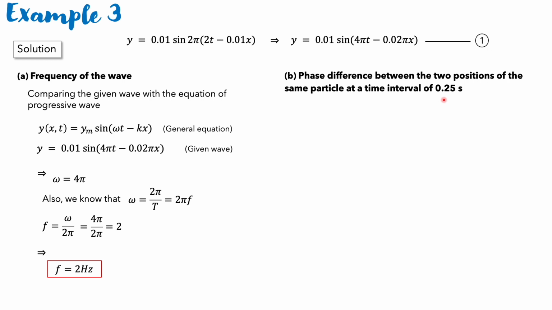The time interval is 0.25 seconds. So we have to find out the phase difference between the positions of the particle over the time interval of 0.25 seconds.